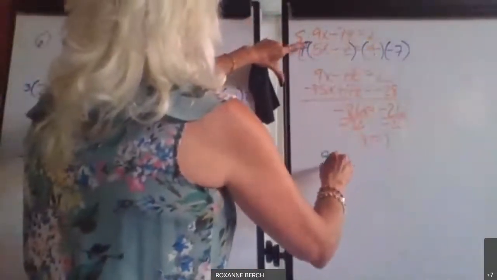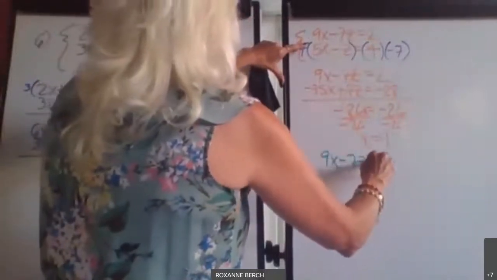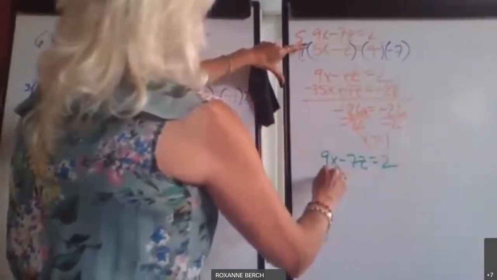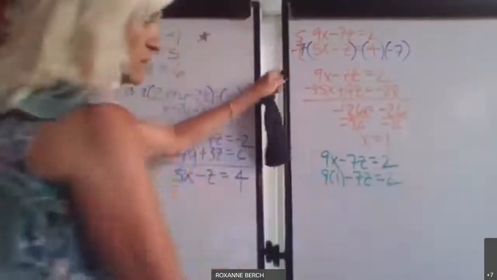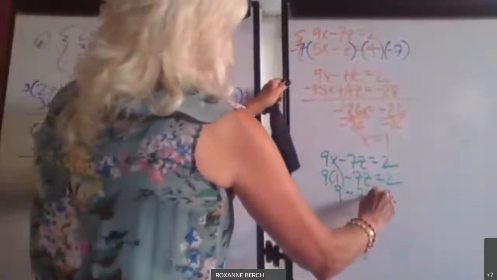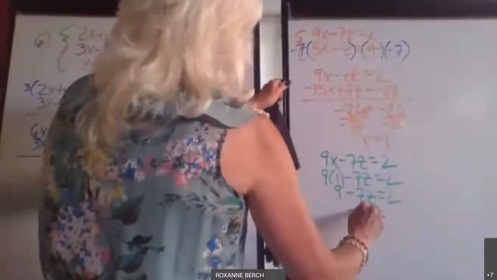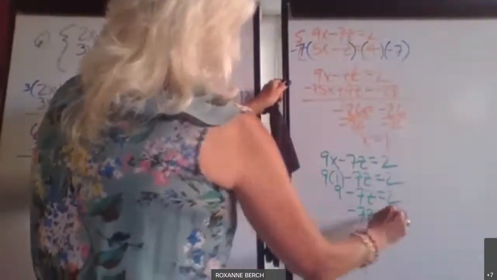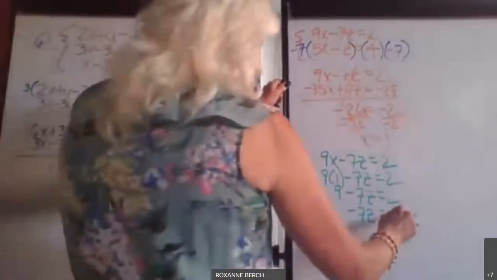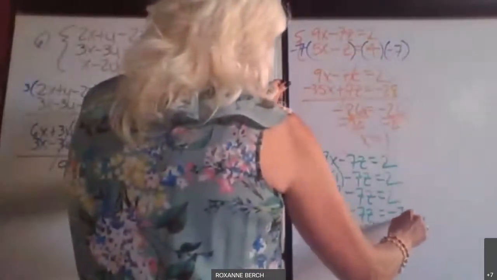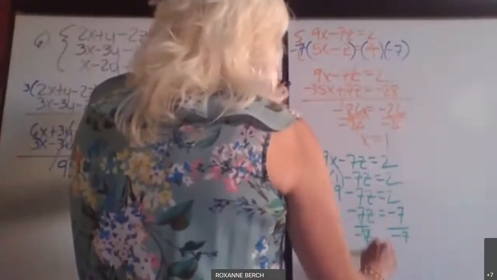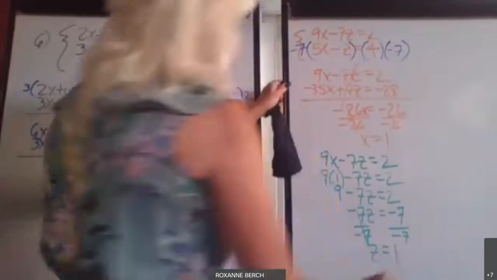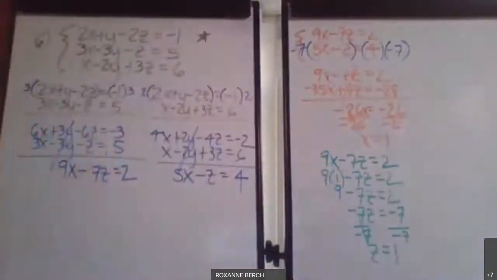So I'm going to do 9x minus 7z equals 2. So 9 times 1 minus 7z equals 2. 9 minus 7z equals 2. Subtract 9. When you subtract 9, you're going to get -7. So z equals 1. So now you found x and z.